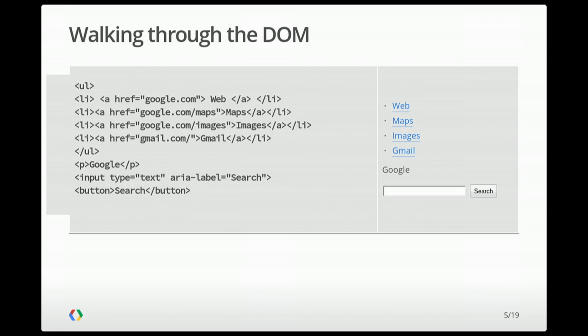So if you ask yourself, well, how does a screen reader actually take something like this and generate a description and make it possible for a keyboard-only user, someone who doesn't see the screen, to explore this content? How does someone do that?